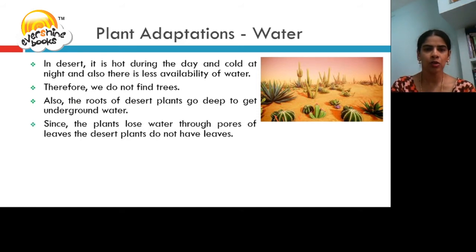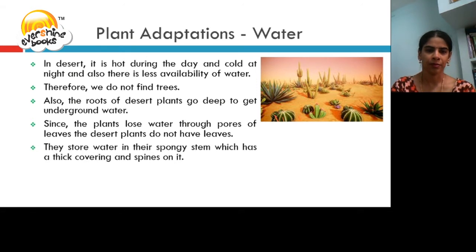Since the plant loses water through pores of the leaves, the desert plants do not have leaves, or the leaves get modified. They store water in their spongy stem, which has a thick covering, and leaves which are modified into spines on it.